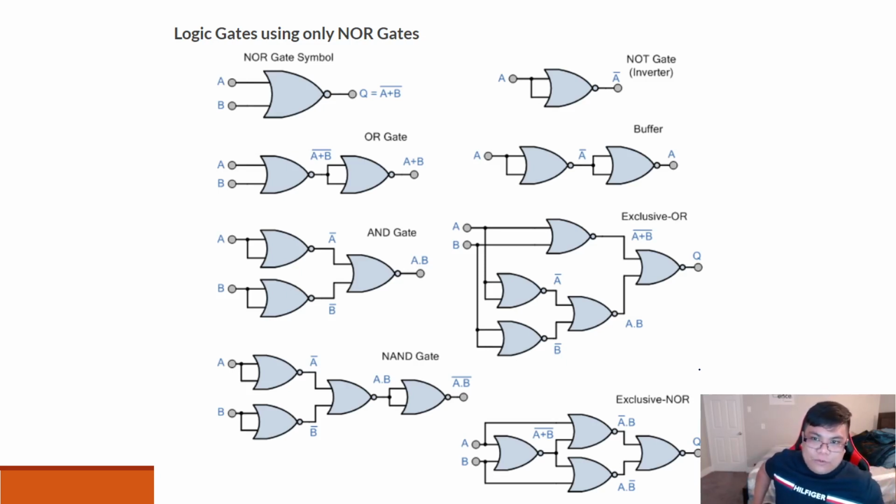So, if you took a circuit, like the circuit for a NOR gate, you can create every other gate that you want. Okay, so if you wanted to make a NOT gate, all you have to do is take a single NOR gate like that.